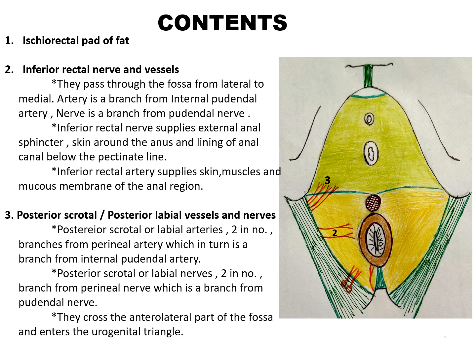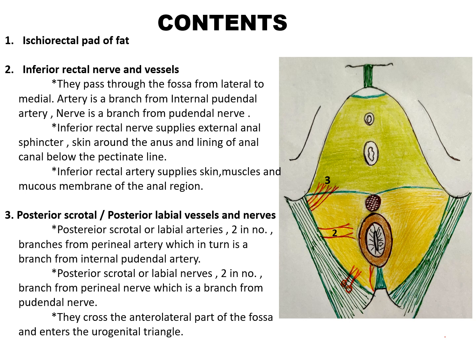The next content is the posterior scrotal or posterior labial vessels and nerves. The posterior scrotal or labial arteries, two in number, are branches from the perineal artery, which in turn is a branch from the internal pudendal artery. The posterior scrotal or posterior labial nerves are two in number.